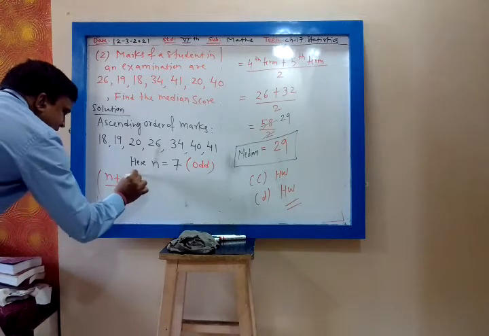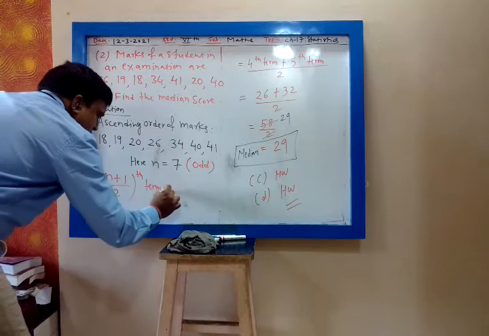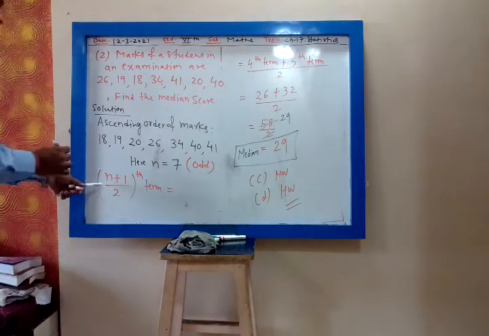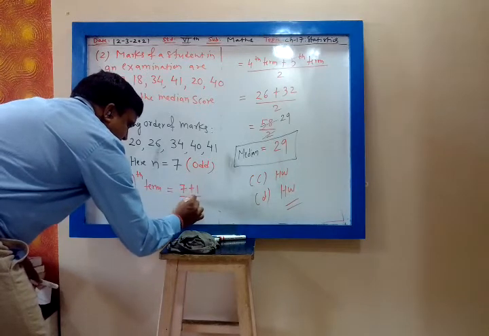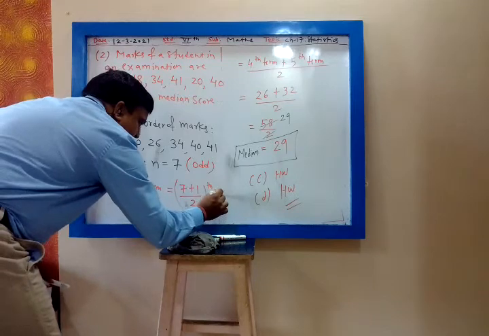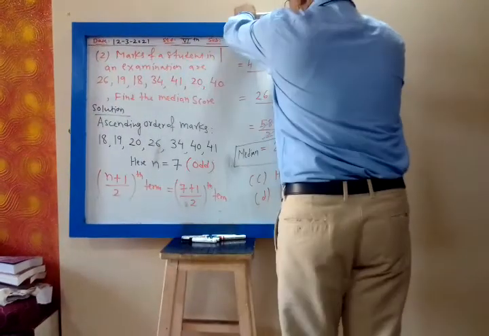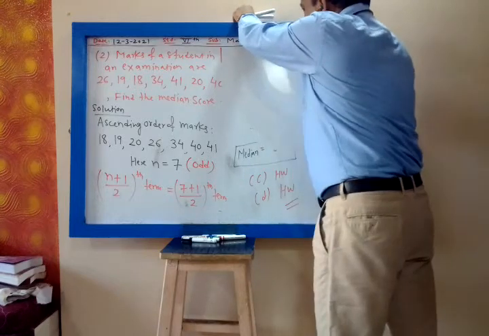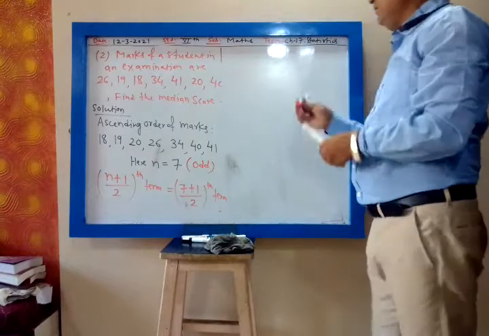N is 7. 7 plus 1 divided by 2th term. 7 plus 1 is 8, so 8 upon 2th term.